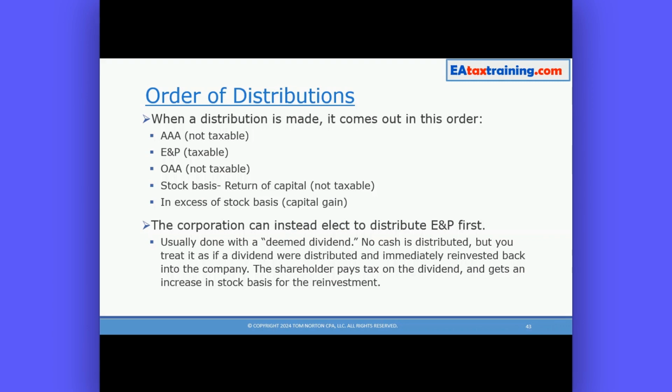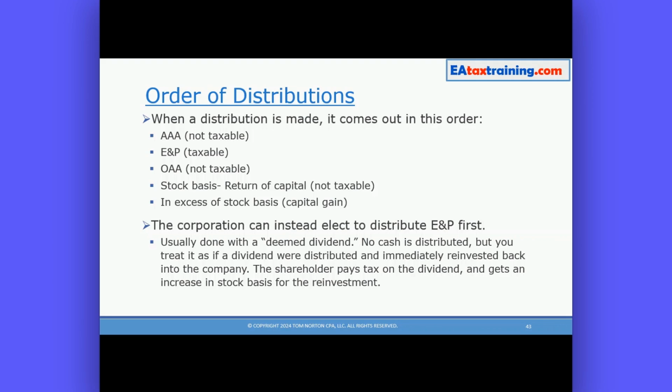Once you have now distributed all of the C Corp earnings and profits, the next distributions are assumed to come from the other adjustments account. That's from the non-taxable income as an S Corp. So those distributions are not taxable to the shareholders.